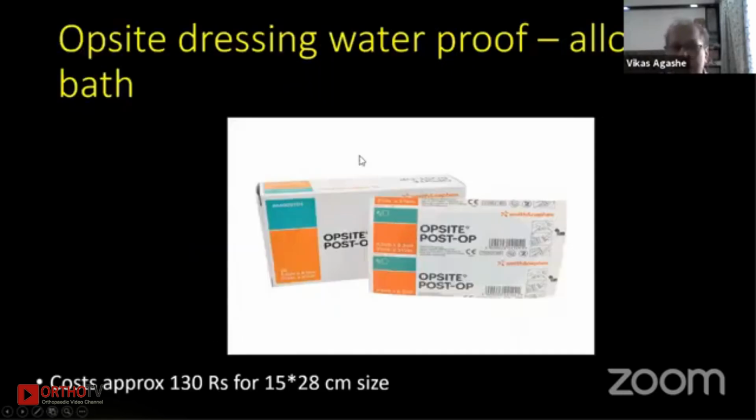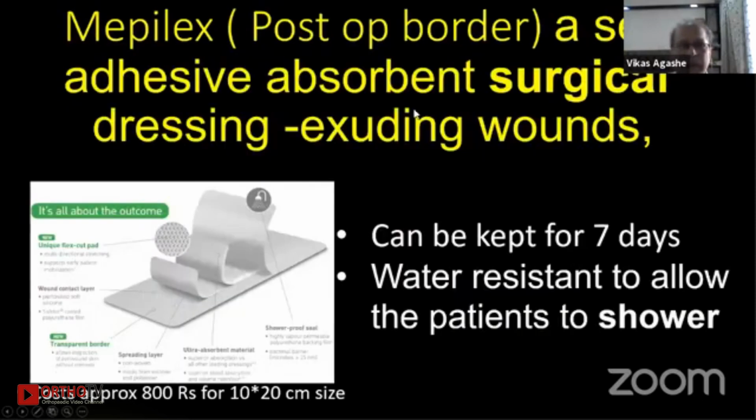Opsite dressings, waterproof, are often used as post-surgical dressing, because patients can take a bath with this. A good dressing post-op, also called Mepilex, is a self-adhesive absorbent dressing, and especially in exudative wounds, it can be used and kept for about 7 days.